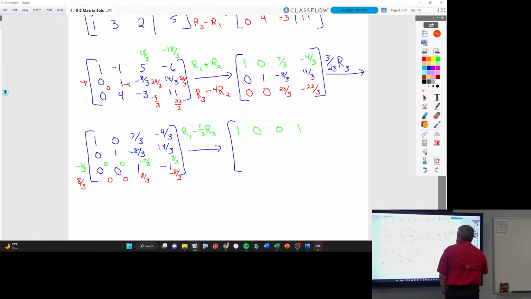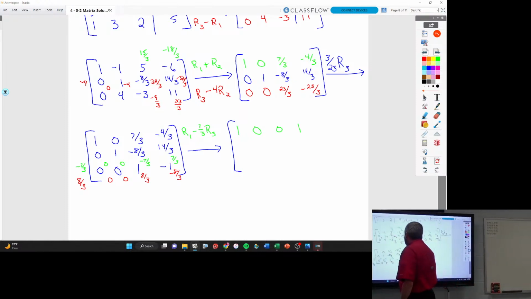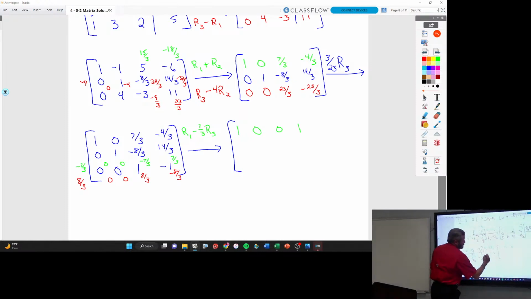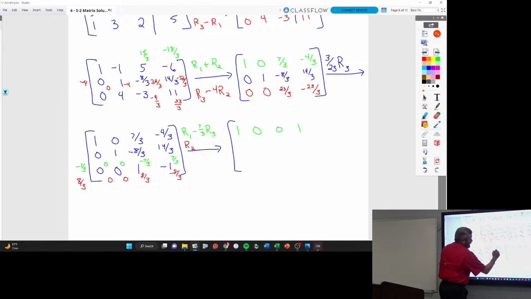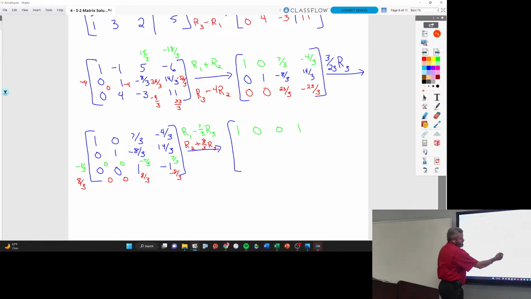Let me go ahead and write down, oops, leave it in red. Okay, so my row 2 is going to be replaced by taking row 2 and adding 8/3 of row 3. So I'm going to take my row 2 here that's in blue and combine it with my red row 3 down here.